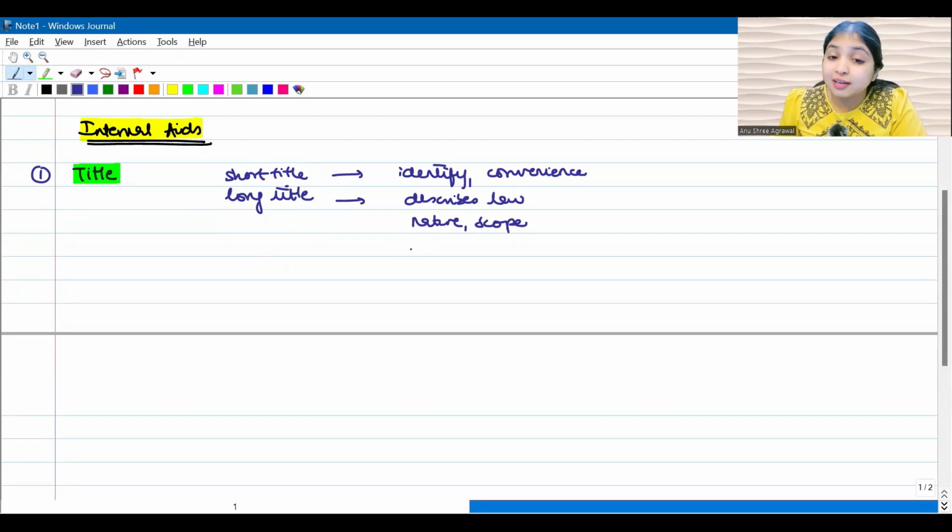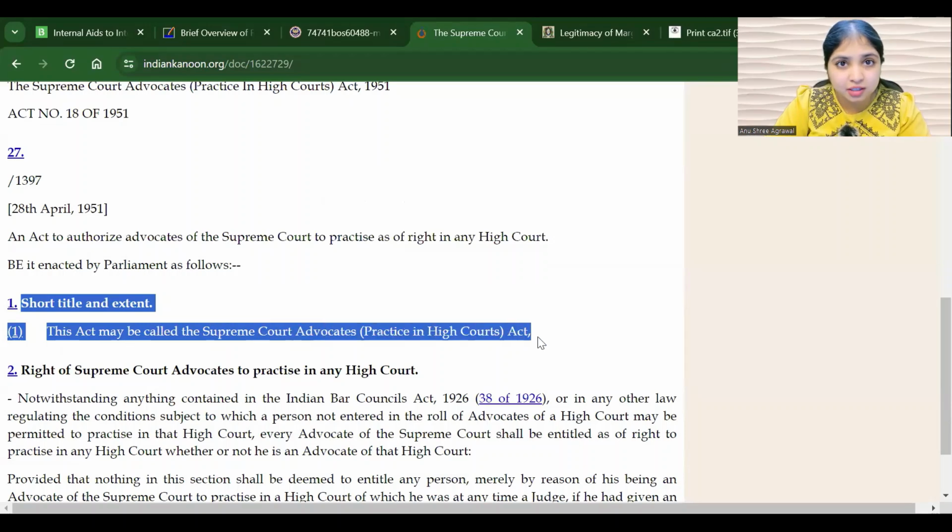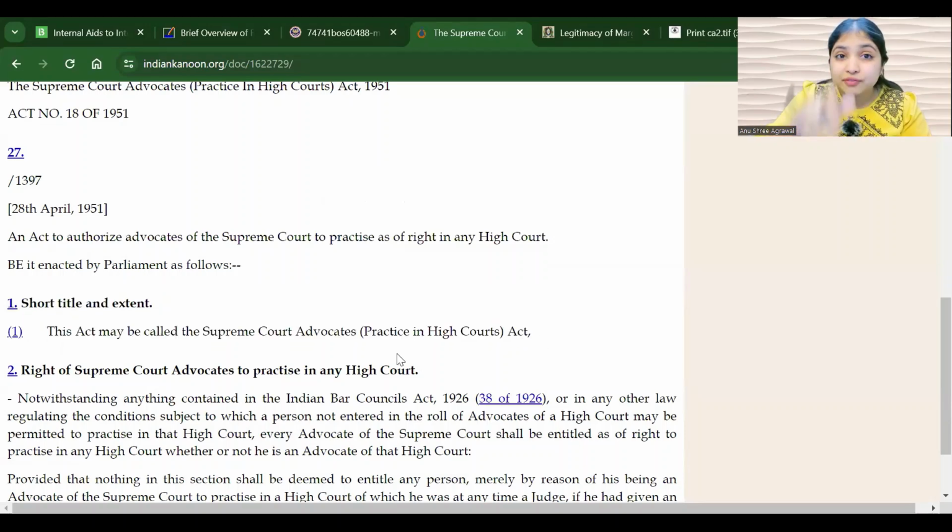The long title is definitely a part of the statute. You know why I am saying that it is a part of the statute? See, I'll show you the act once again. If you notice, the short title is a part of section 1. Section 1 has the short title. So the short title is definitely a part of the act.